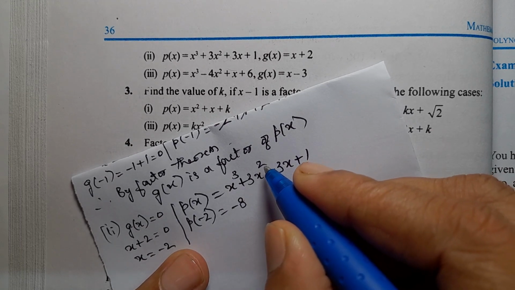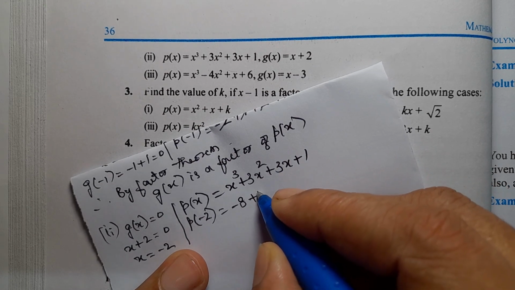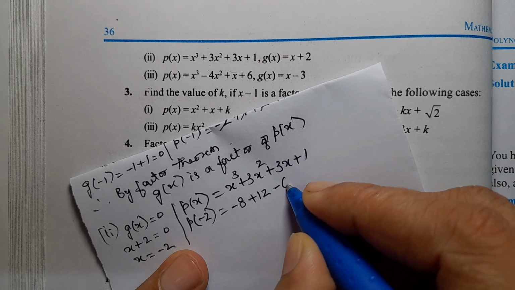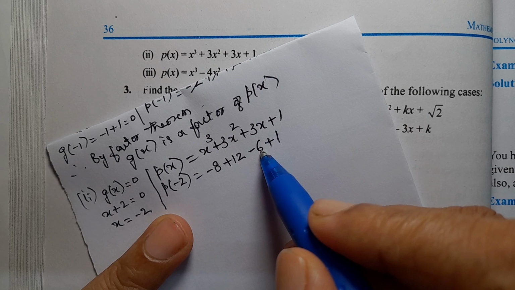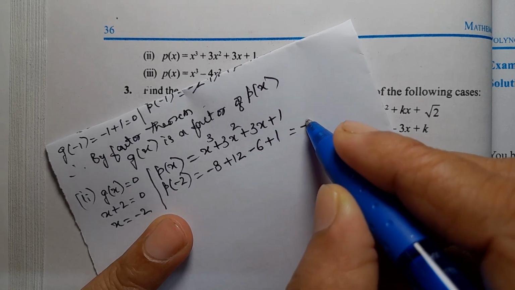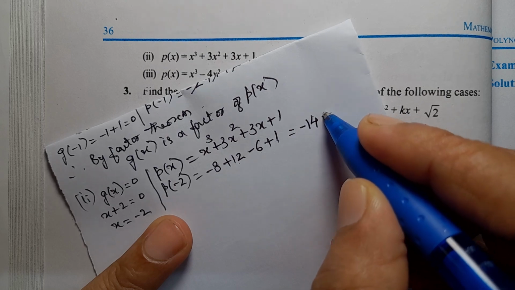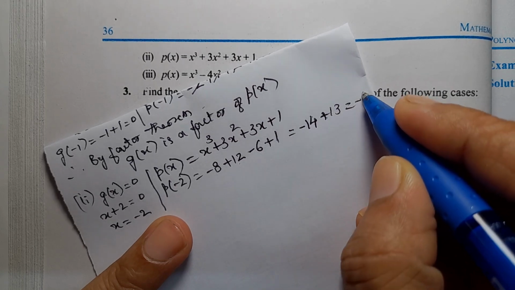Minus 2 whole square is plus 4, plus 4 into plus 3 is plus 12. Minus 2 into plus 3 is minus 6, plus 1. So minus 8 minus 6 is minus 14. 12 plus 1 is plus 13. So minus 14 plus 13 is minus 1.